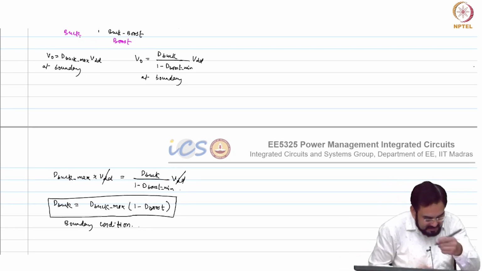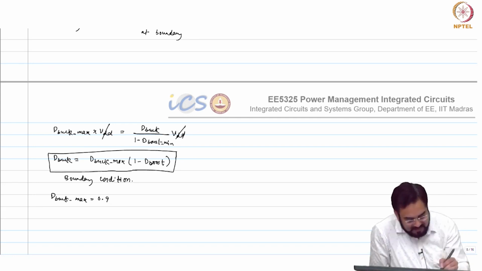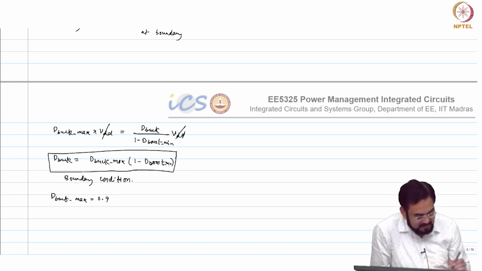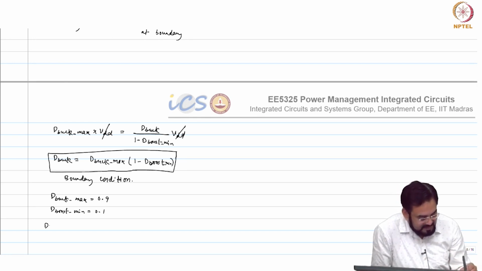So now let's do the same thing again. We know that D buck max is 0.9, D boost min equal to 0.1. So what is D buck?